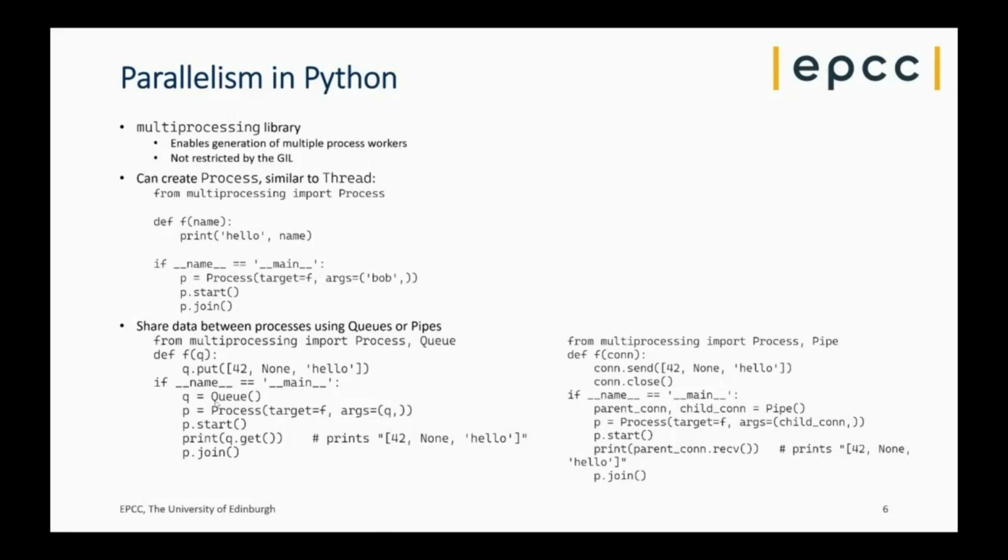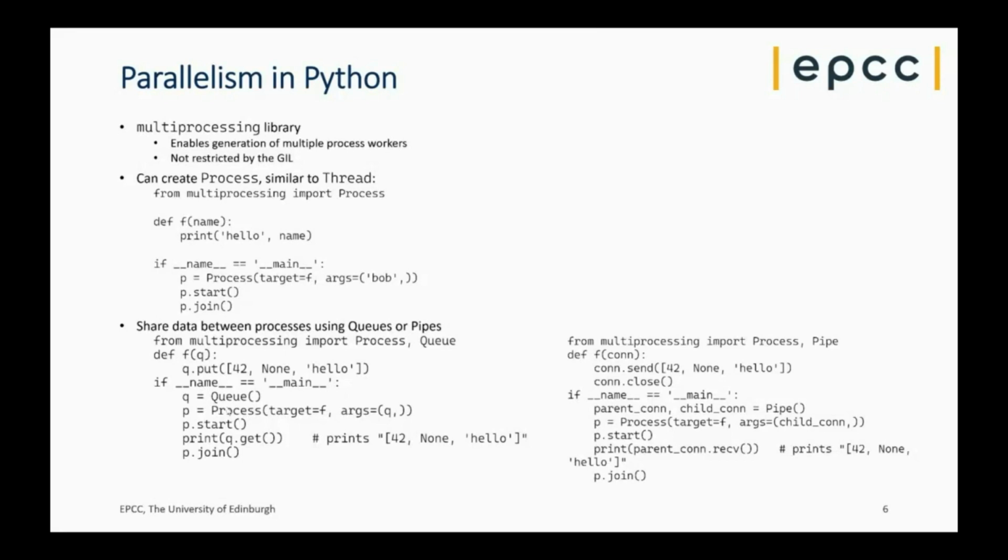We create a main process here called P, and then we have another process which puts at the top here, and one process which gets at the bottom here. So the function f is going to be run on a separate worker, and then the main original process will run, it will get the data from that worker. And you can see on the left-hand side, we're using a put and get model on a queue.